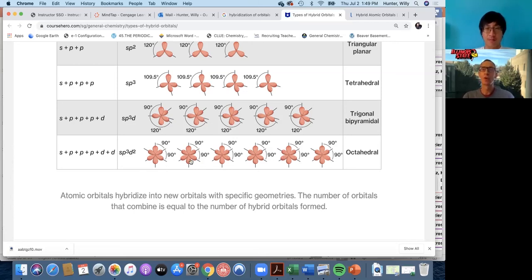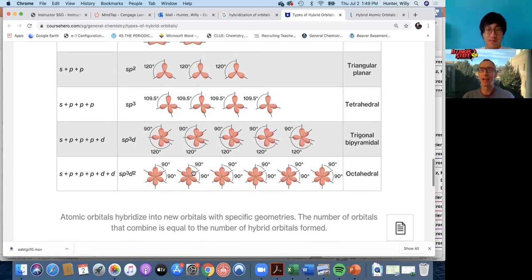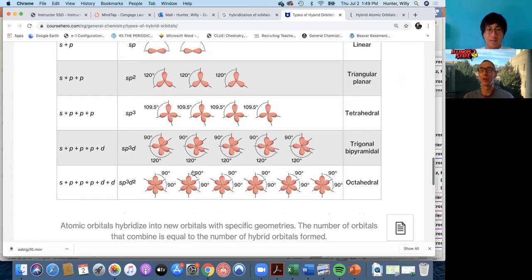So the mathematics of this are way beyond the scope of this course. And there may have been a time in my career when I understood a little bit of the mathematics, how you combine these orbitals in this hybridization model.